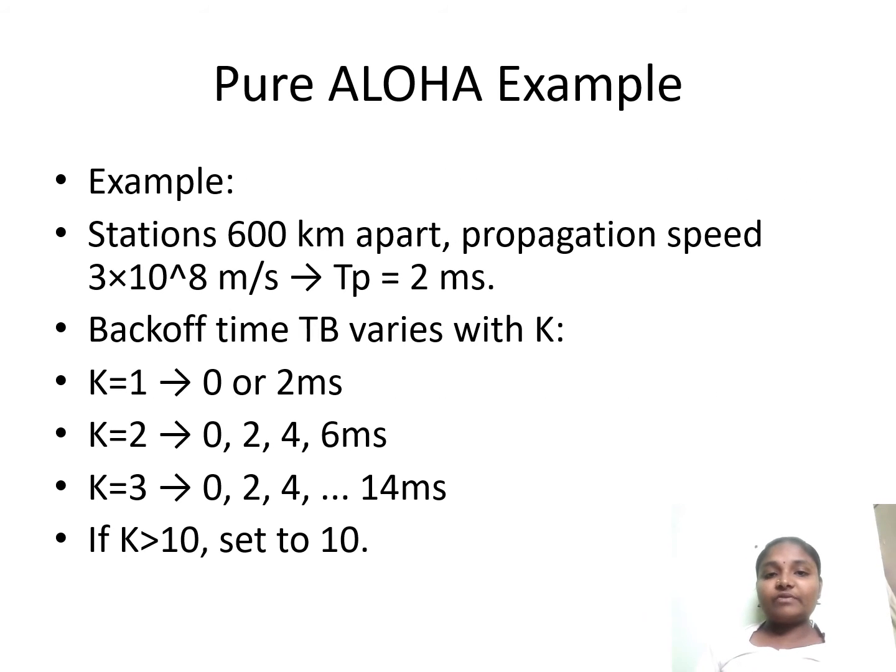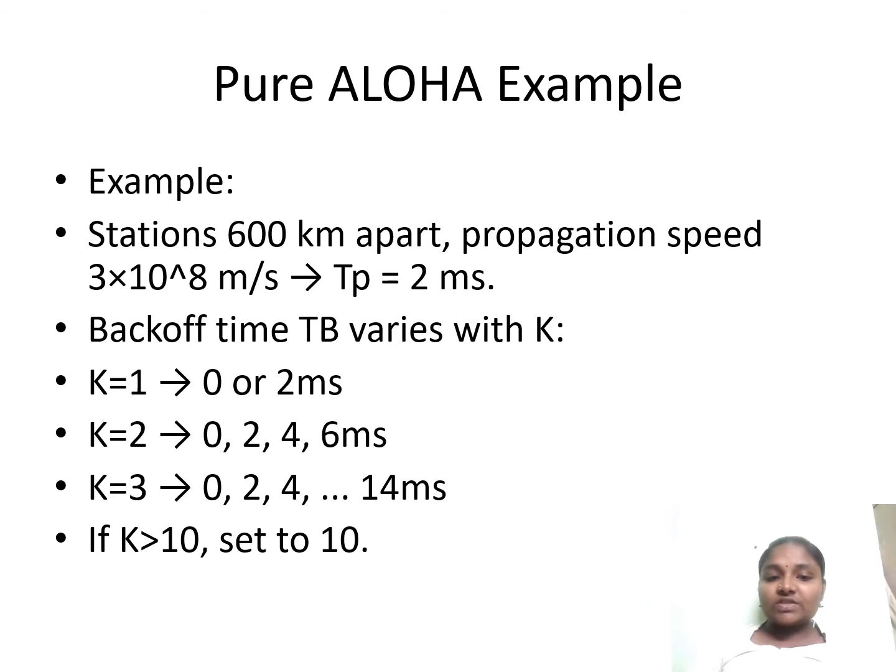Next, the example for pure Aloha. The stations are 600 kilometers apart, the propagation speed is 3 into 10 power 8 meters per second, and TP is 2 milliseconds. The backoff time TB varies with K. When the K value is 1, then the milliseconds may be 0 or 2.